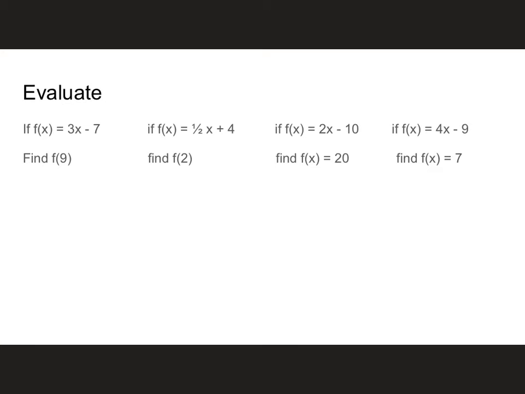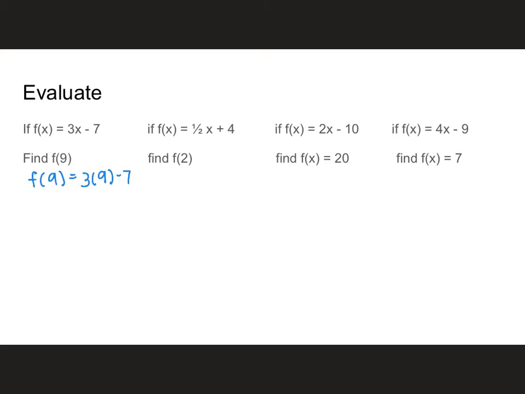So if f of x, remember that's how we read it, equals 3x minus 7, we want to find f of 9. So all we do here is replace. So f of 9 is going to equal 3 times 9 minus 7.